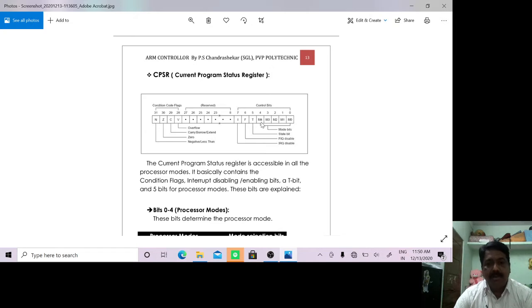User mode is the common mode wherein the ARM processor executes routine programs, whereas the privileged mode is taken up by the processor whenever an interrupt occurs, or whenever an exception or error condition occurs, or whenever the operating system takes over the processor for its operation. So M0 to M4 represent different modes of operation as shown here.